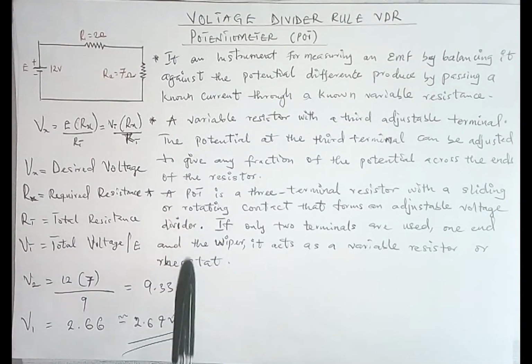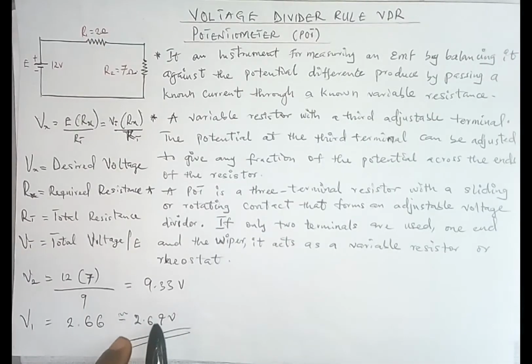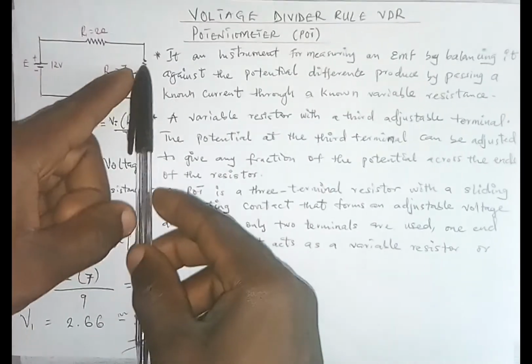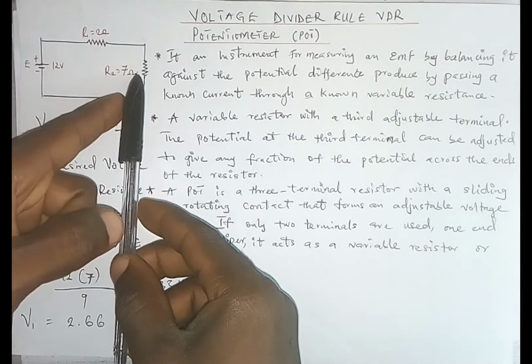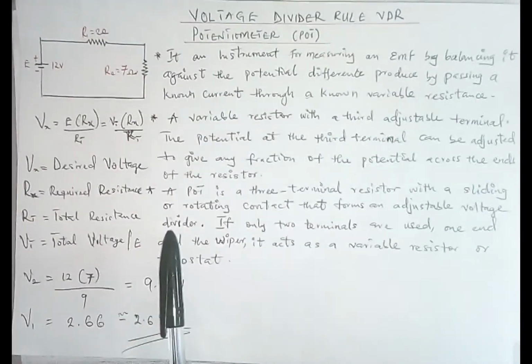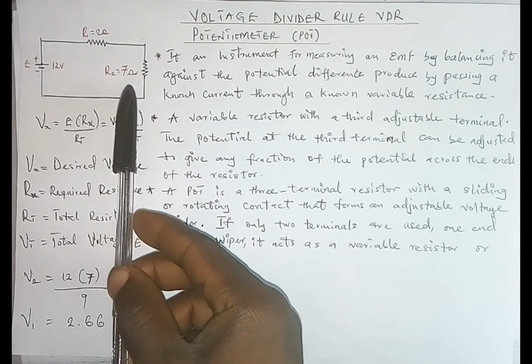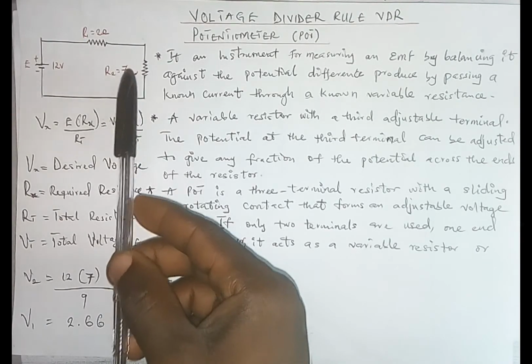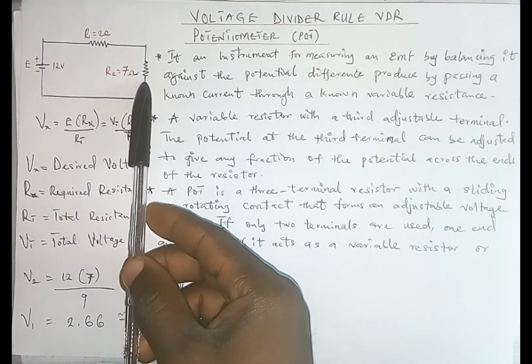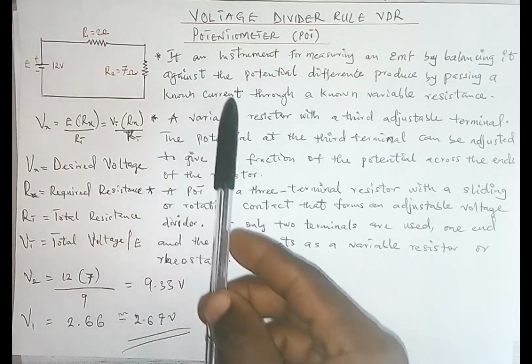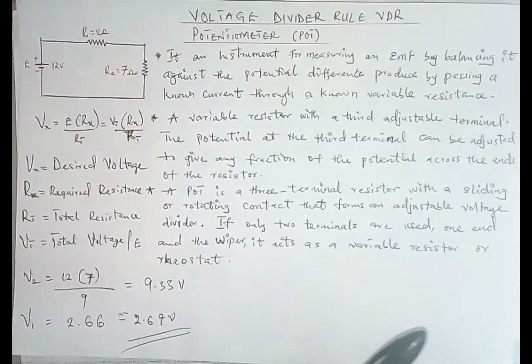Let's say, for example, this is a particular voltage that we drop in this circuit in the second resistor. Now what if I want another voltage to drop? Let's say I want approximately 5 volts to drop at R2. Then I'm not going to apply this formula again.